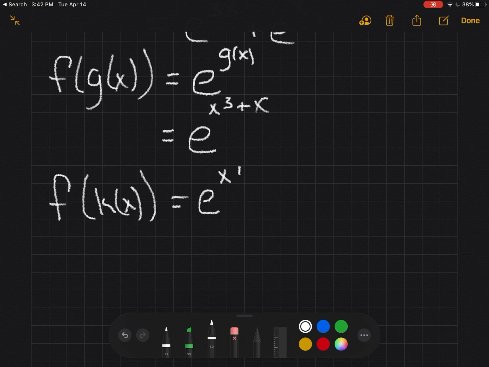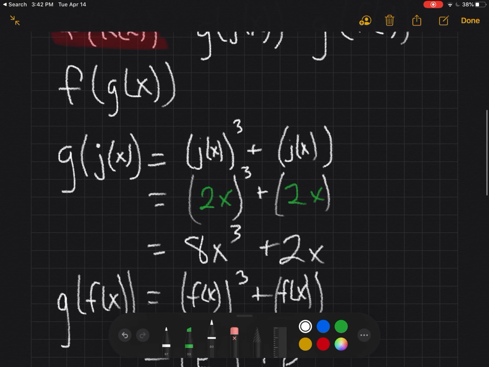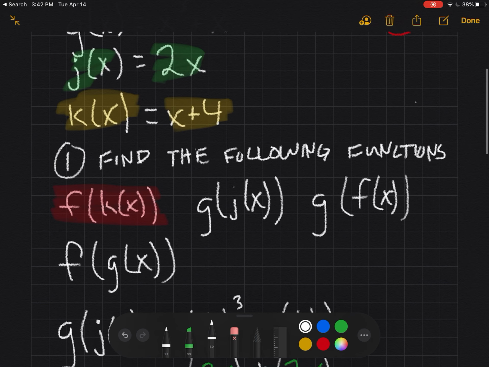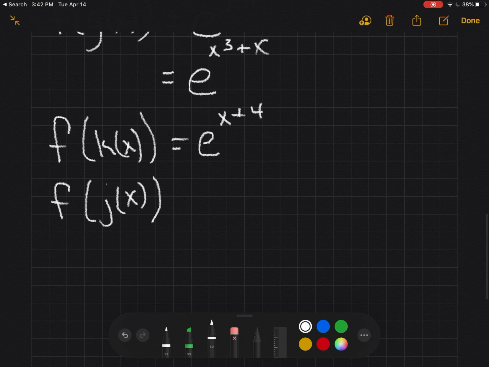So we have f of k of x is equal to e to the x plus 4. We have f of j of x, which is equal to, oh, I didn't do f of j of x.